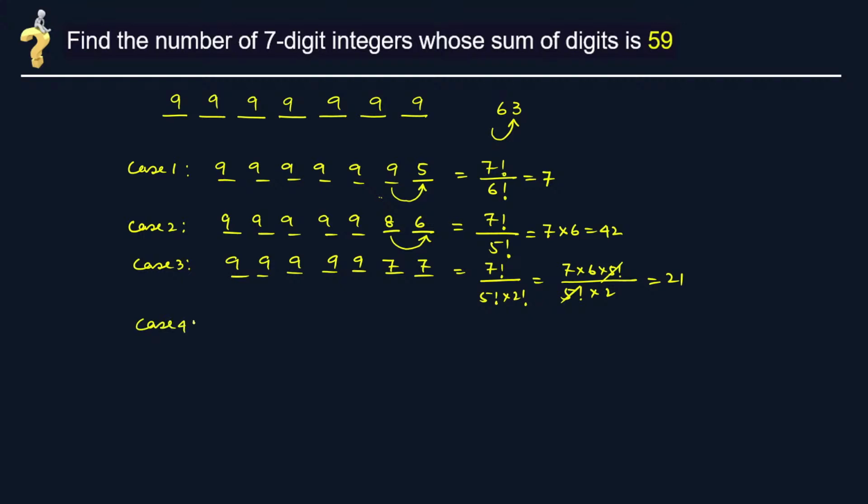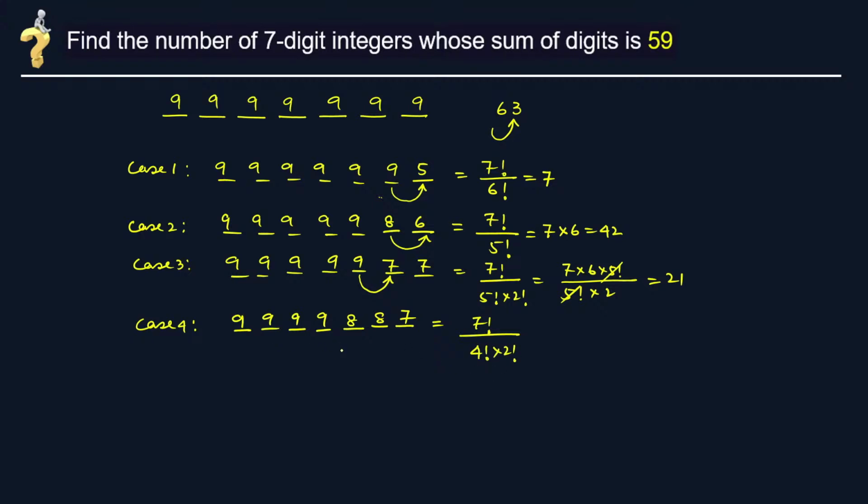Case 4. Now let me write four 9s and take out 1 from this 9 and give it here. So this digit will become 8, this digit will become 8, and this remains the same as 7. So the total number of such numbers formed will be factorial 7 divided by factorial 4 into factorial 2. Why factorial 4?